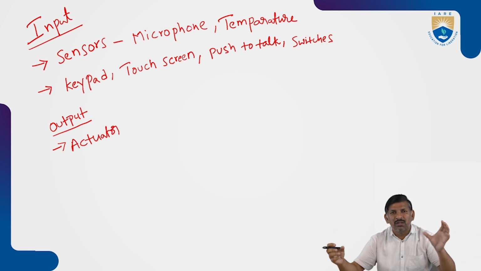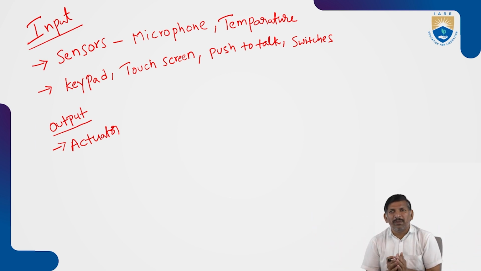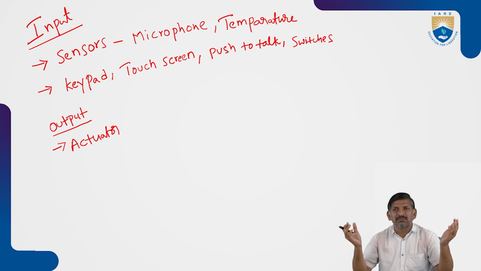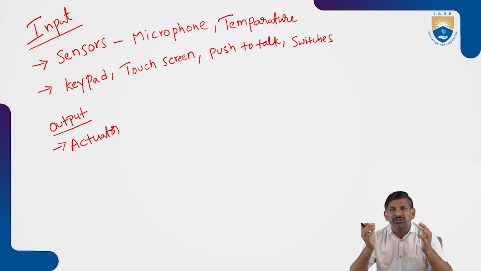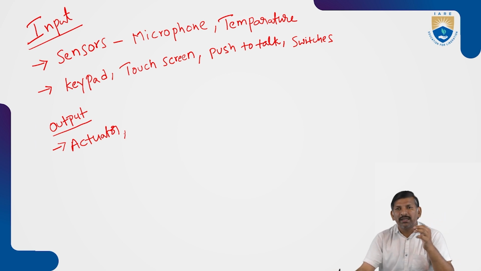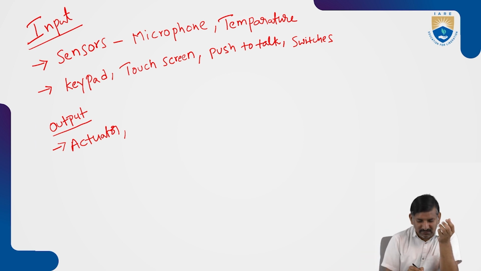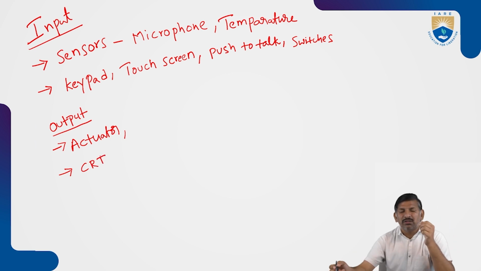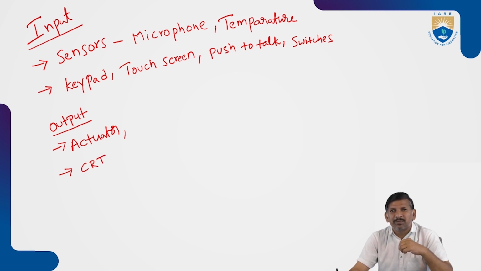Open the door. Lock the wheel. Open the airbags. Like that. That is an actuator. Next, for monitoring purposes, we can use different display devices. In the beginning days, we used the CRT display, cathode ray tube display.